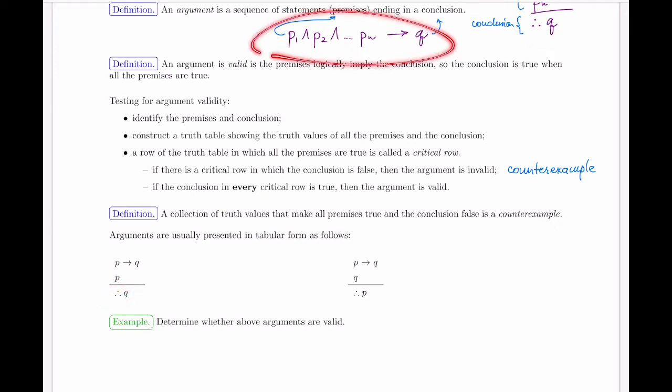If you wanted to write it out in this longhand form, we will list every single premise and then connect them with an and.